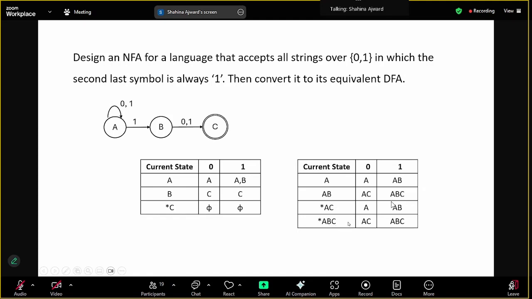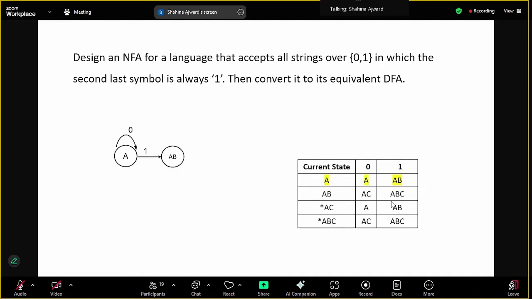So that's the end of the state transition table. Otherwise, you have to continue, right? If you find any new state over here, you have to define it again, right? Now this ABC includes C, so it is a final state, right?